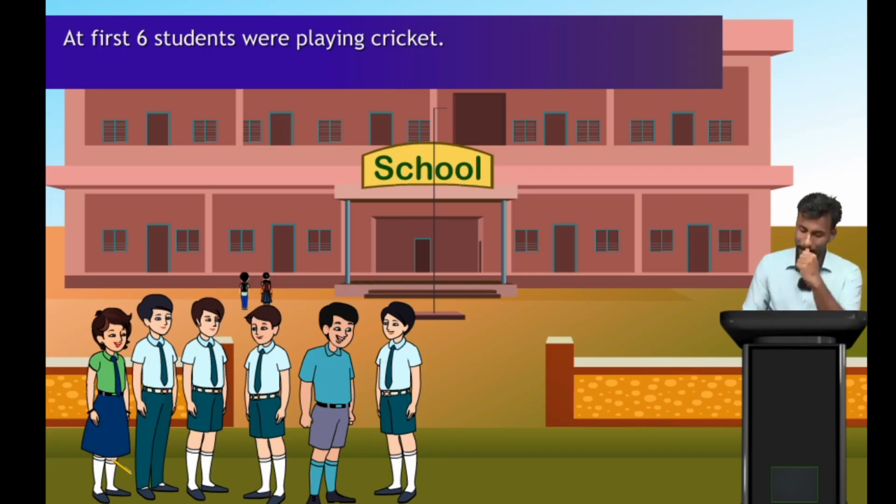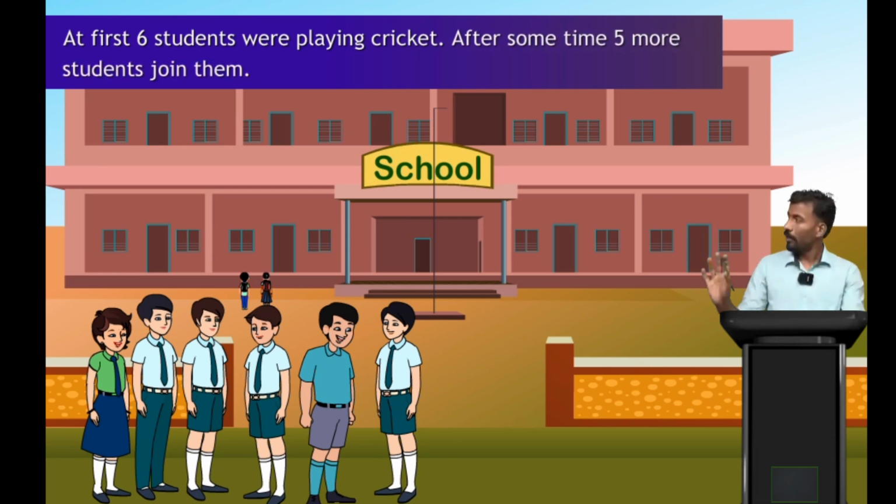Now at first 6 students were playing cricket, fine. Now after some time, the additional information in the question is that after sometime 5 more students will join them.